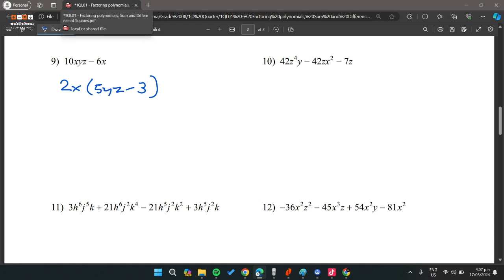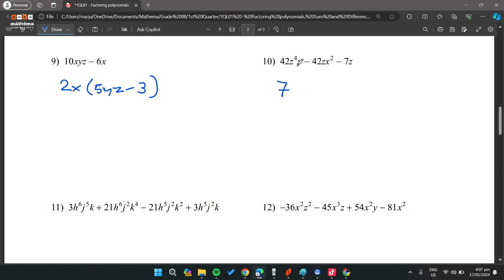What about number 10? Again, start with the number first so it won't be too confusing. So, we have 42, negative 42, negative 7. So, what is common among these numbers? Alright, 7. So, let's do 7.